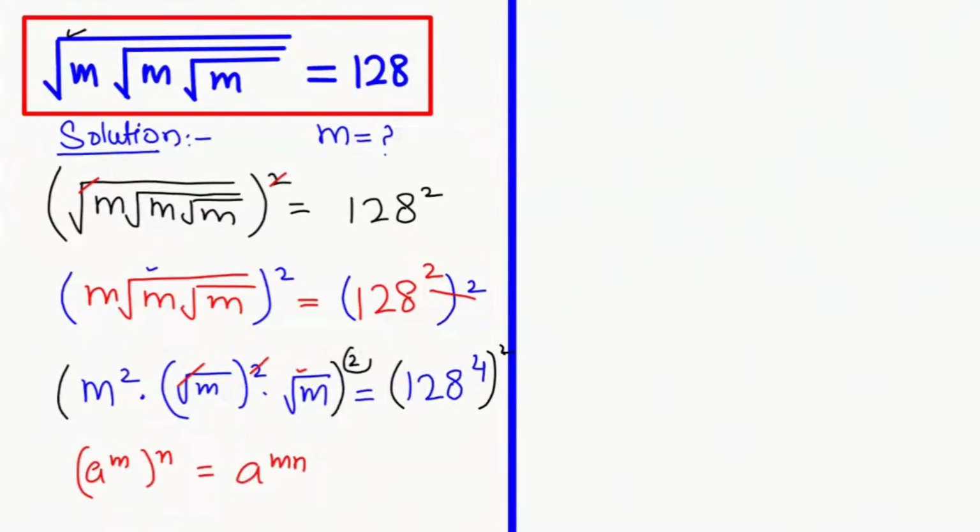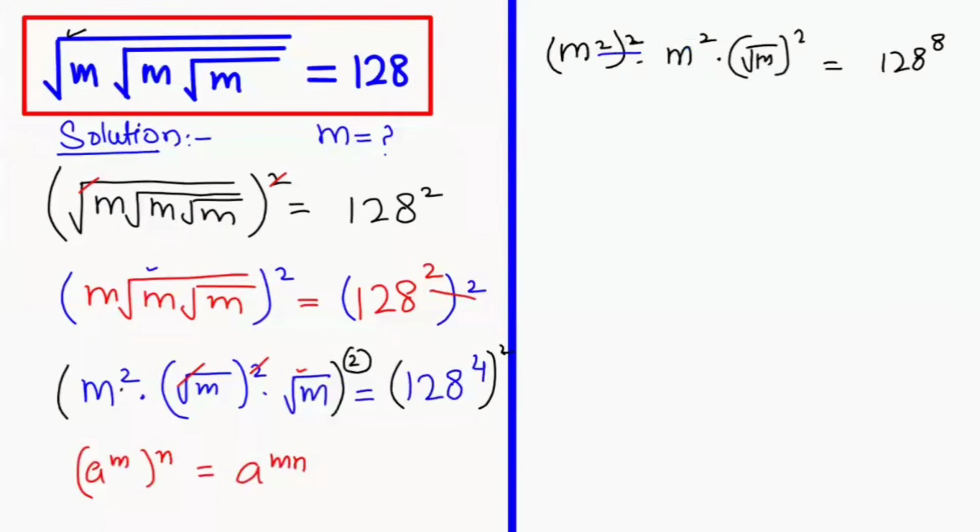Now this square is multiplying with this, and this comes on this m squared, and this and this get cancelled, so I write separately m squared, whole to the power of 2, times m squared, times root m, whole to the power of 2, is equal to 128, and 4 twos give us 8.